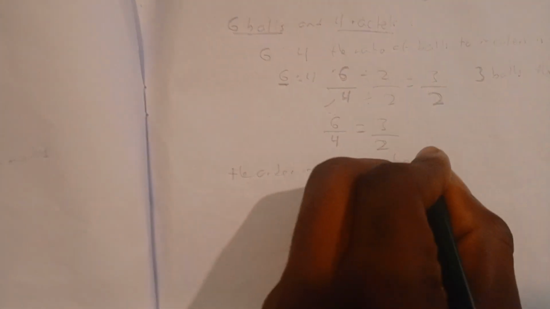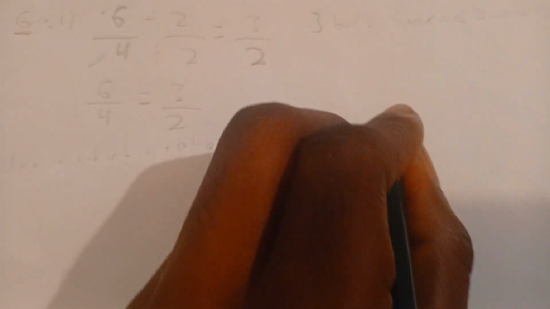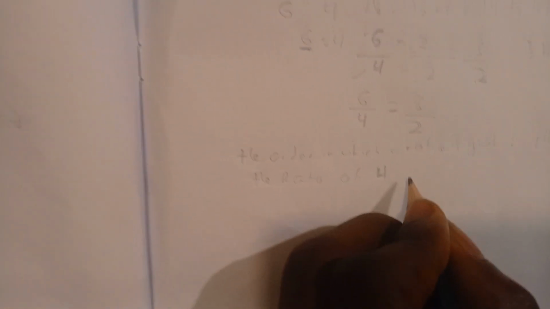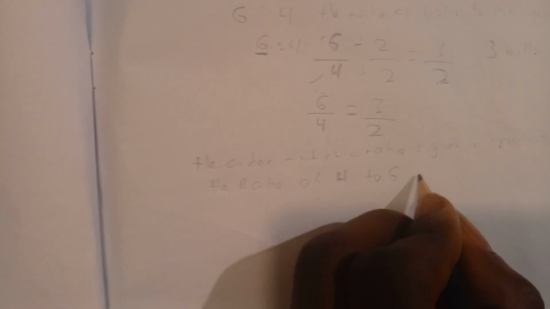The order in which a ratio is given is important. The ratio of 4 to 6 is written as 4:6, and the ratio of 6 to 4 is written as 6:4.